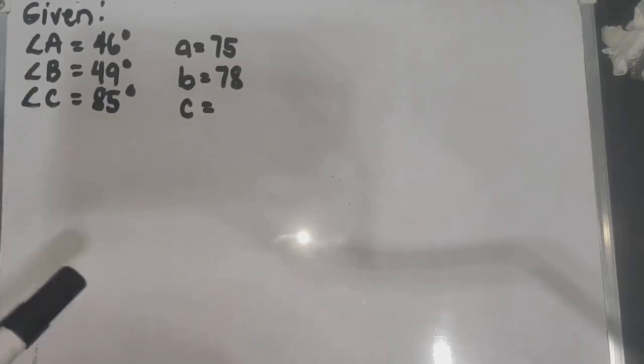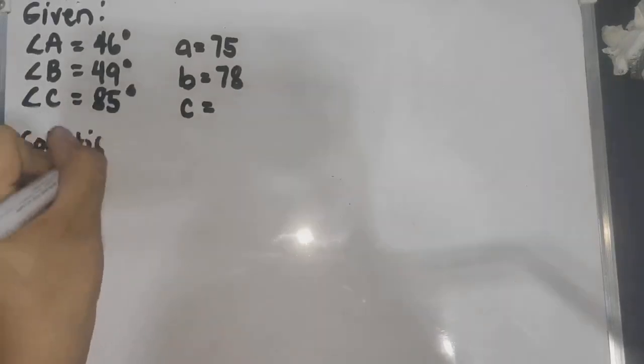Okay, so kapag isa na lang yung nawawala nating side or angle, pwede ang gamitin natin ay yung law of cosines. Ipapakita ko sa inyo paano ba ginagamit yung law of cosines. Pwede rin naman na law of sines din yung gamitin ninyo all throughout your solution. In this case, ipapakita ko lang kung paano ginagamit yung law of cosines.